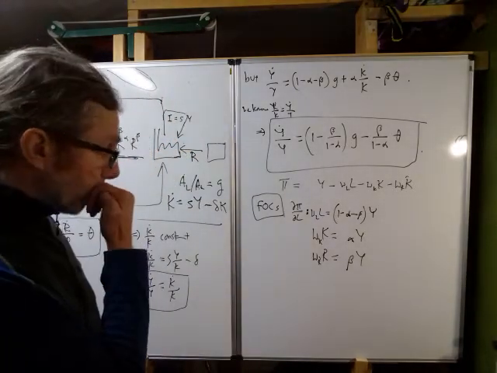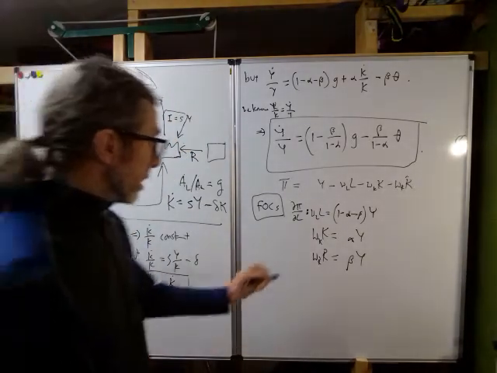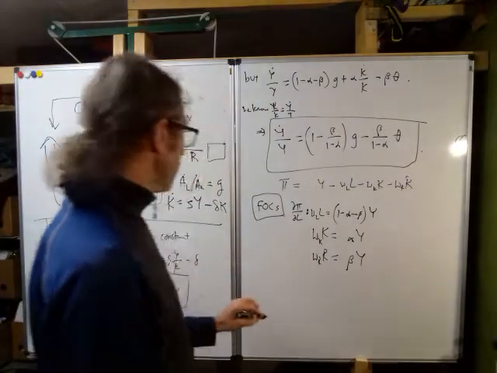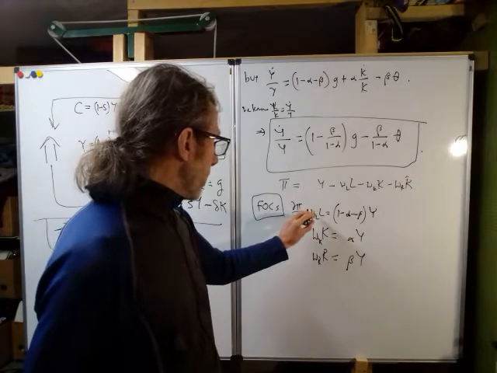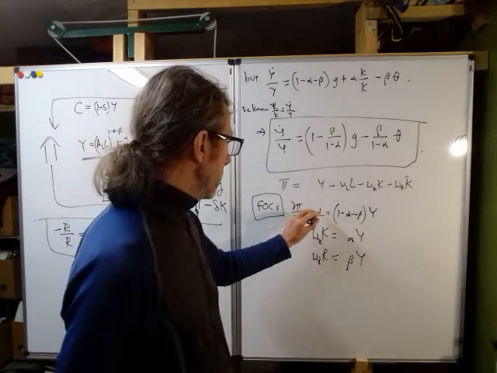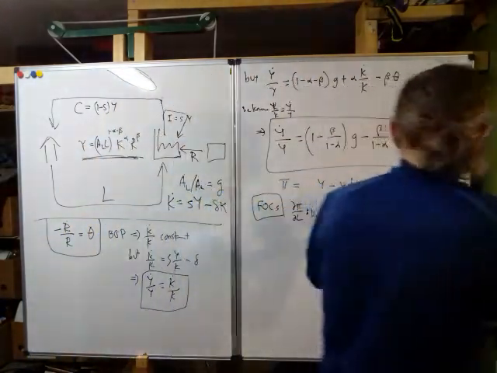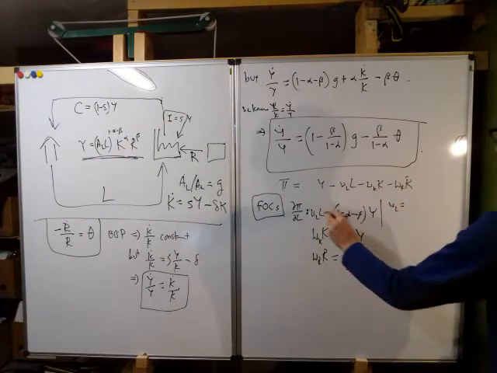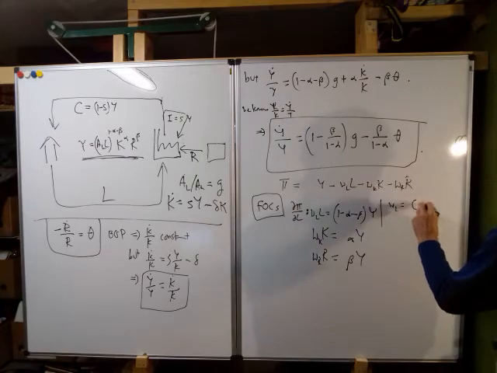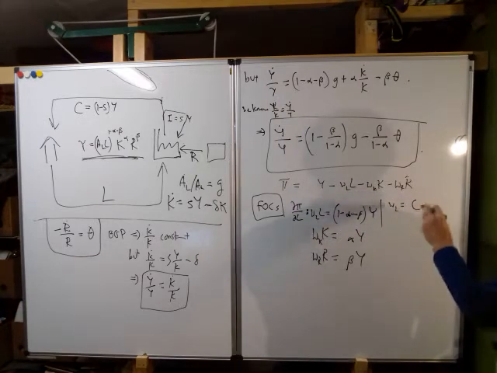Okay. So, what's WL doing over time? WL equals some constant, I'm just going to call it C, times y, right?